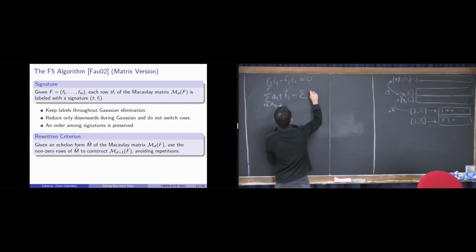Now Fj, let's write it as b_t times t, and let's say we're on the same set of monomials.